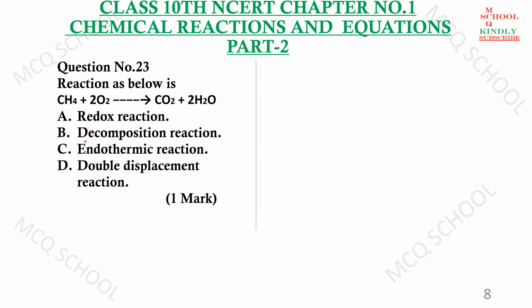For sure it is not a decomposition reaction, because in a decomposition reaction a single substance on the reactant side forms 2-3 substances on the product side. Endothermic is not there, because heat is not written in between. Double displacement is not there, because two compounds must interchange their partners to make it a double displacement. There are chances it is a redox reaction.